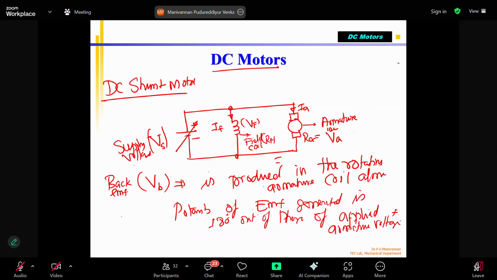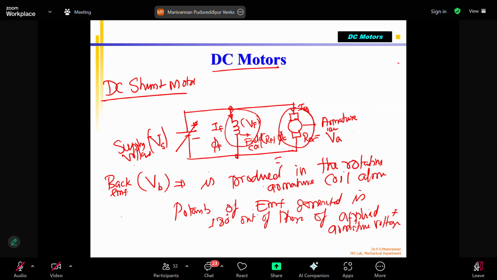Because there's an armature current, there's a phi A that interacts with the field magnet. Without that interaction the motor will not work. So to make the motor work, we need to supply a voltage to the armature coil and to the field coil. This produces phi A and phi F, and they interact with each other, so torque is created.